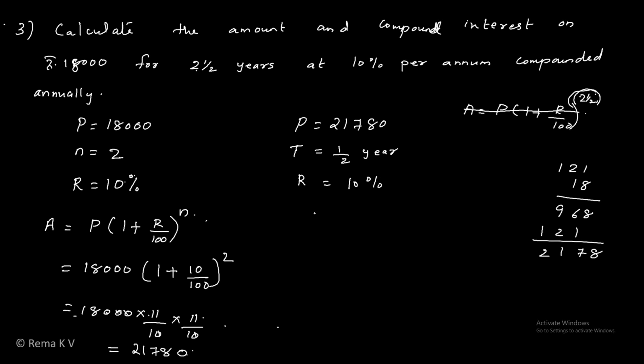Then we have to apply the formula for simple interest. It is P T R by 100. So this is equal to 21,780 into T is half into rate is 10 by 100.